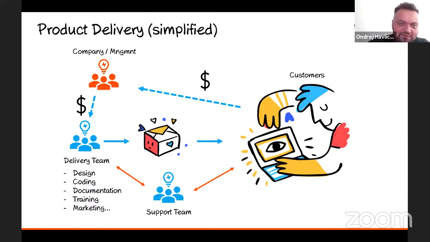The customer pays money for it to the company, and that means we have budget so we can improve the product. And this was a very interesting thing, because our company is pretty customer focused, and it's quite difficult to make happen projects which are not billable directly, which are not asked for by customers. So it was a challenge.